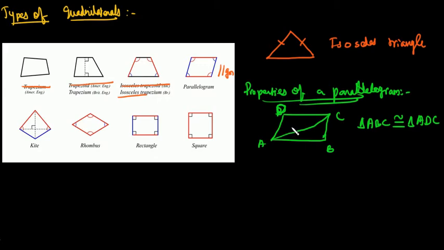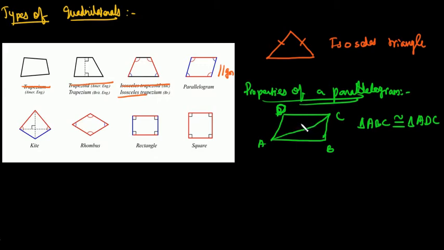We'll read the definition: a quadrilateral in which both pairs of opposite sides are parallel. But one more thing we need to note is that opposite sides are equal in a parallelogram.